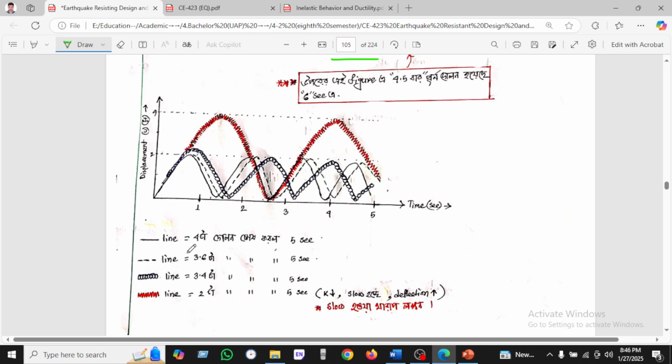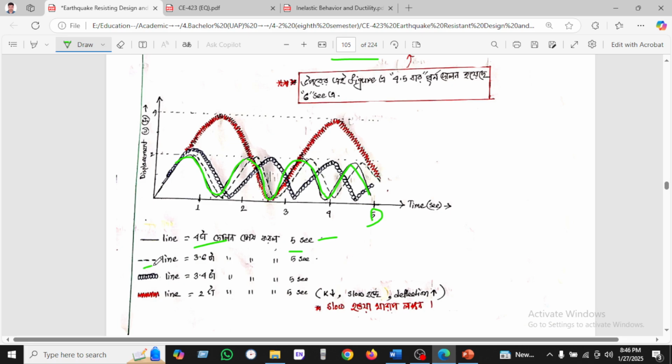Let's compare the different lines. At first we see the fully linear line, which goes this way and continues this way. Within 5 seconds, the line completes four cycles.